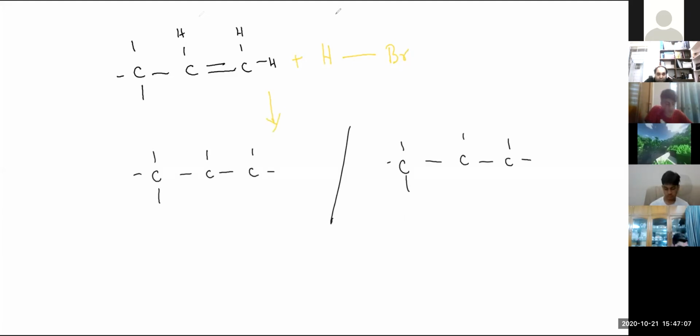So again, let's come back to drawing propane. With this propane, if you add a hydrogen halide, imagine you have H bonded with Br. What are your possibilities? One is that your hydrogen is here and your bromine is here.